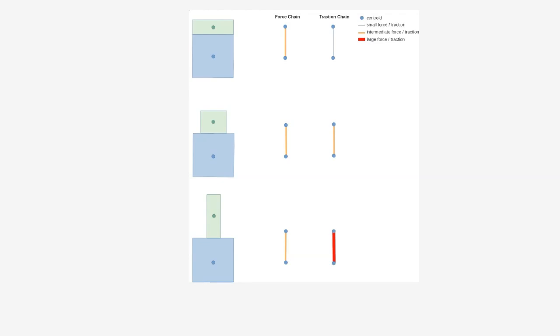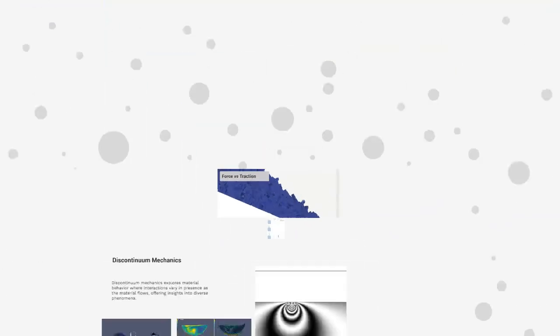But as soon as we look at traction change, what we see is a gradual increase in traction because the contact area is decreasing, although the force remains constant. And this is all additional information that we get from this particle system just because we looked beyond the force chain towards information chains, and then specifically chains that might be useful information for us.